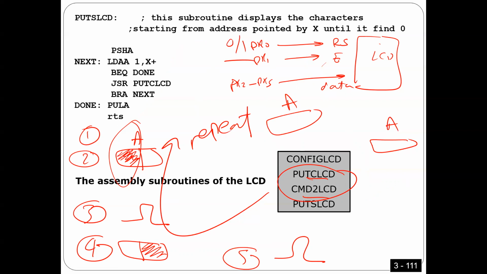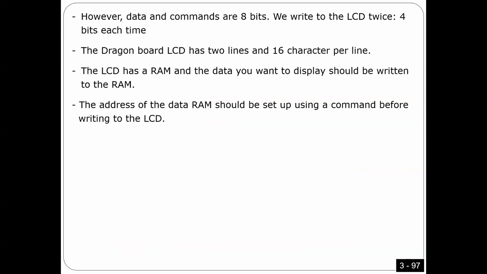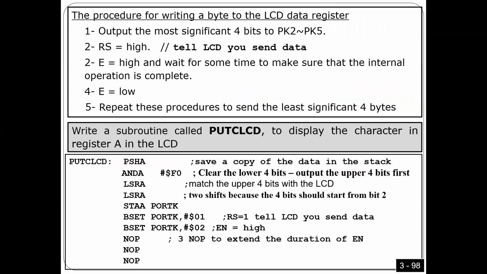In a loop, yeah, I'm going to explain it. So now let's see what I explain right now. How can we do it using assembly? This is the first one here, guys. Write character to LCD. As I told you, number 1, I have to output the most significant 4 bits from register A. Number 2, RS has to be high.